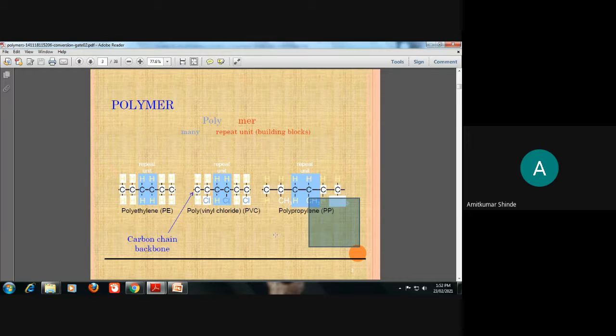Otherwise, I will move towards the next point of this session, that is the classification of the polymerization process or types of polymerizations. I will wait for 1 minute here. If all points are clear, mention that in the chat box and you can move further.